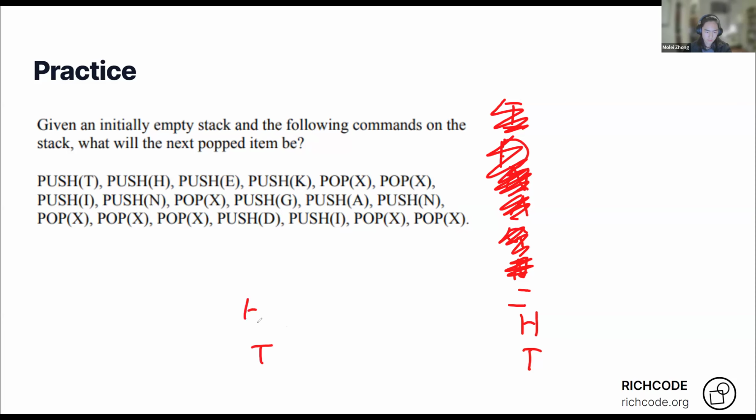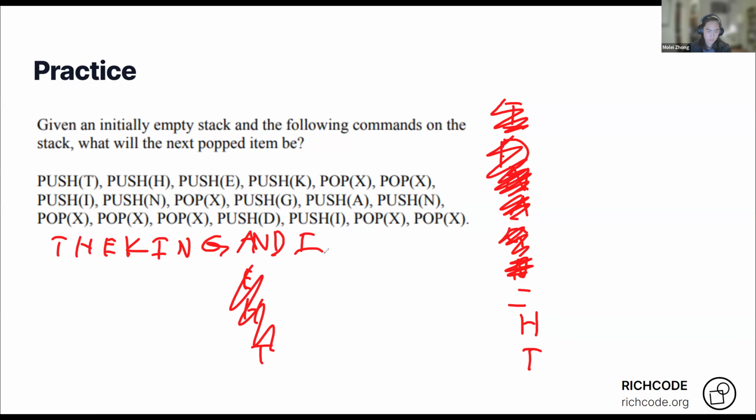So T, H, E, K, I, N, G, A, N, D, I. Okay, and then how many pops are there? We have one, two, three, four, five, six, seven, eight.